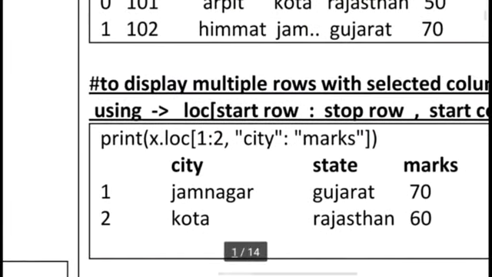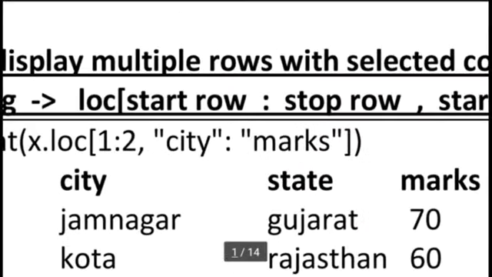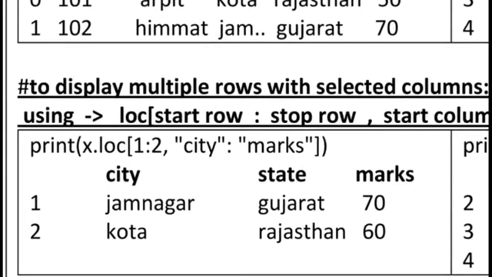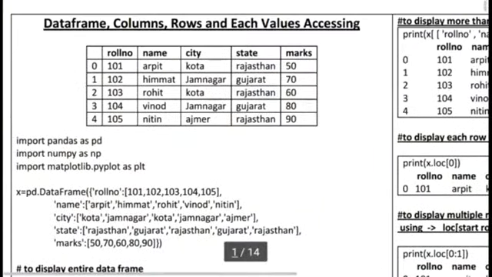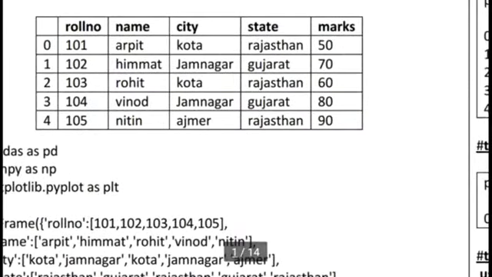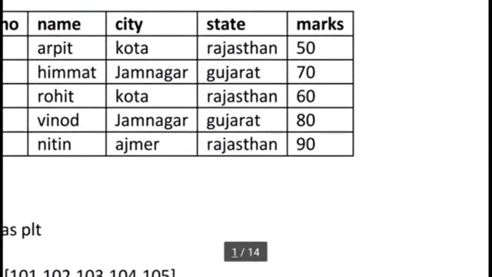Here you can see roll number and name will not display, because I control the first column to start with CT and end with marks. So the CT, state and marks columns will display. You can see in our original table, roll number and name are not included, only CT, state and marks.